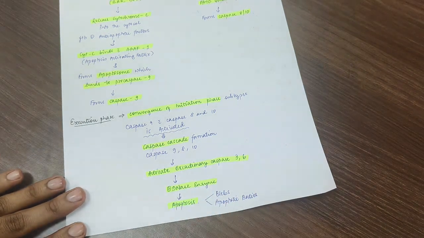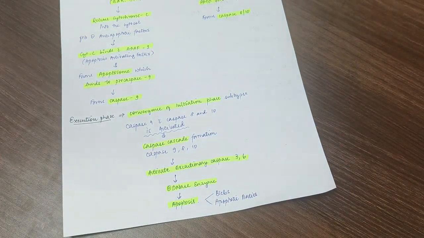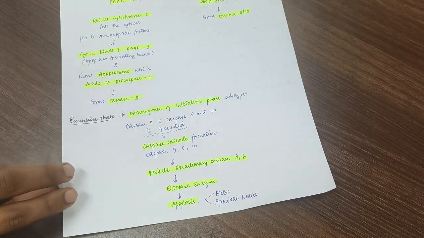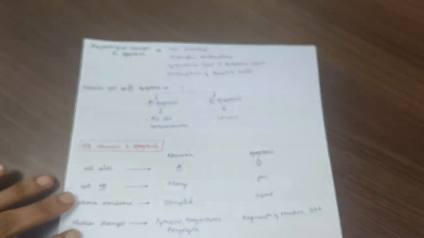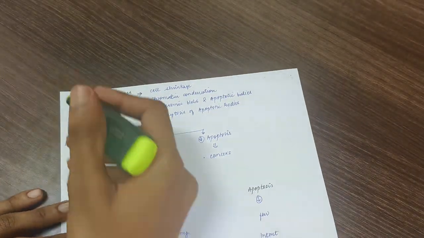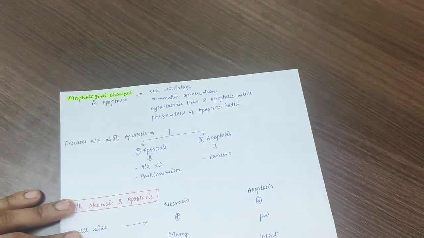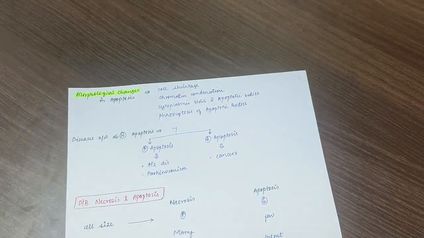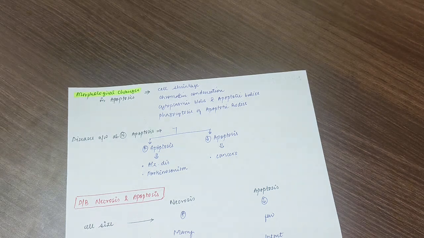Once apoptosis is done, there are 2 things you must remember: cytoplasmic blebs and apoptotic bodies. These are the things which are going to be formed. Next, coming to the morphological changes in apoptosis. One is that the cell will shrink in size.